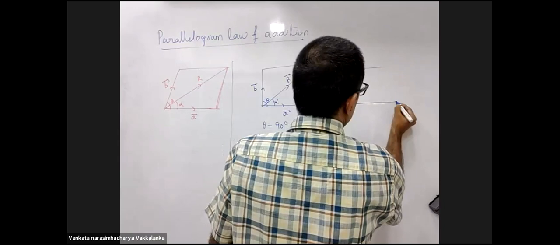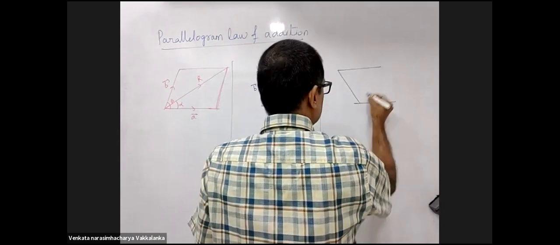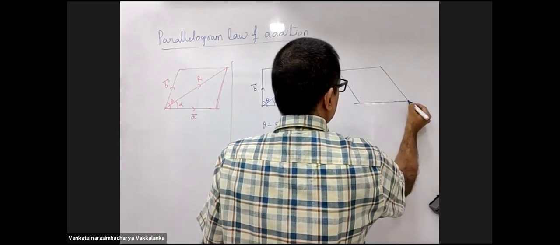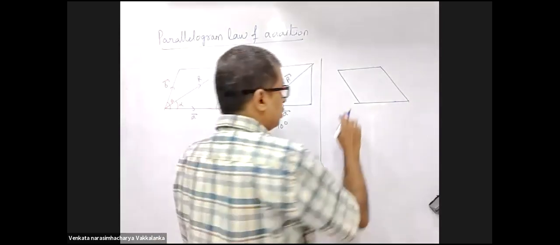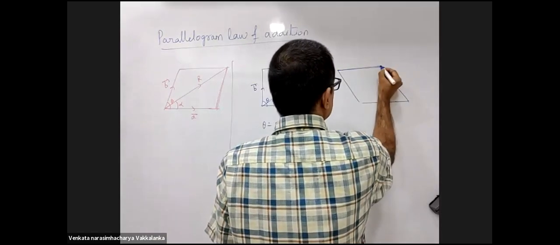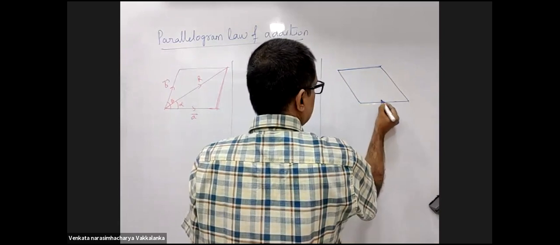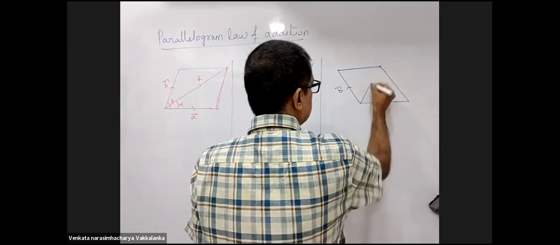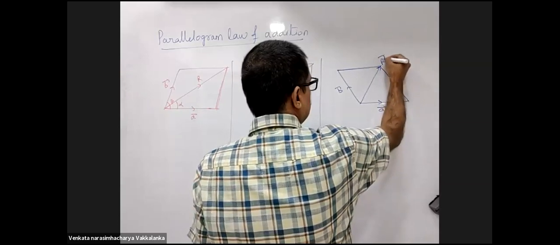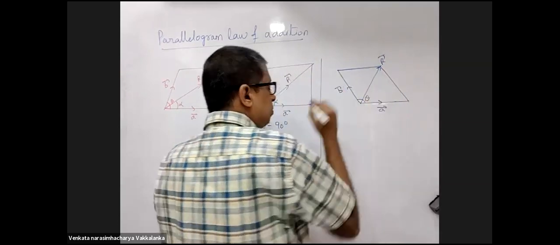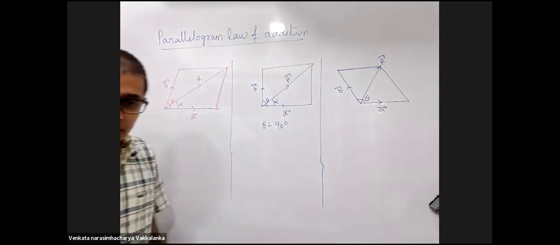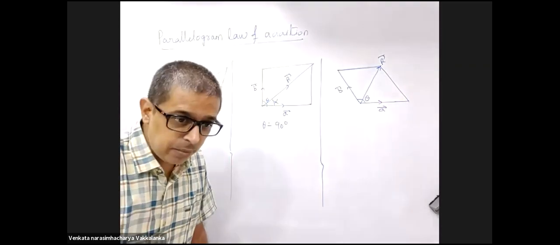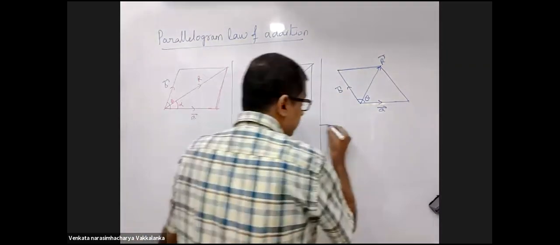Two parallel lines, parallelogram, right? Now this is A, this is B, and this will be the resultant R. The angle between A and B can be greater than 90.